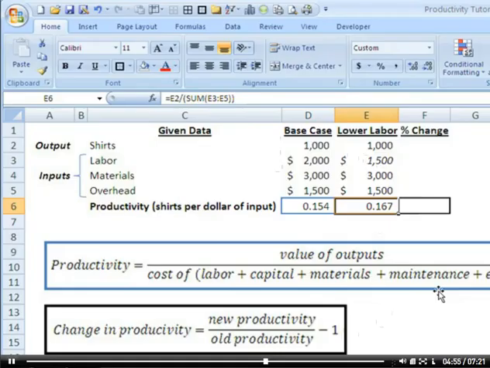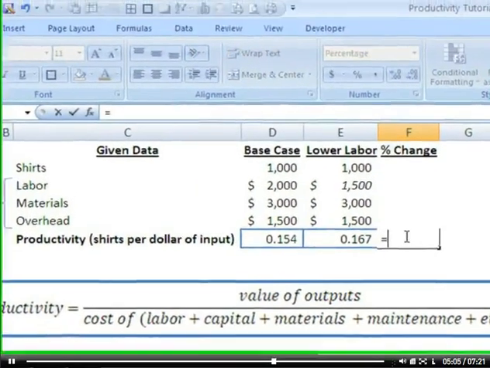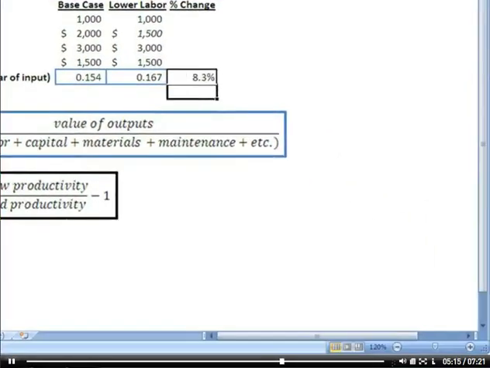How much have we increased our productivity? Well, we just turn to that same old equation right here. Change in productivity is equal to the new productivity divided by the old productivity. So again, we take the new productivity, 0.167, divided by the old productivity, minus 1. And that tells us we had an 8.3% increase in productivity.